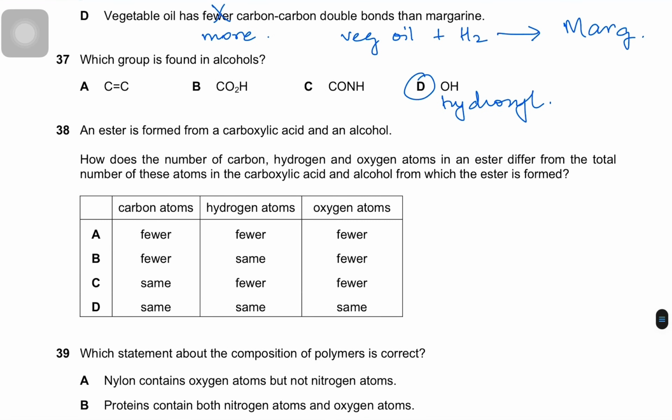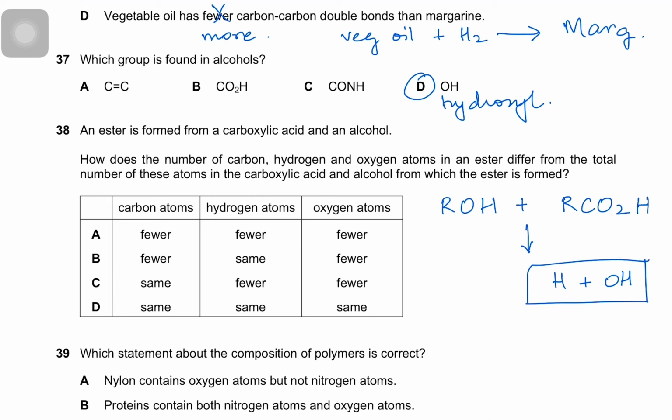An ester is formed from a carboxylic acid and an alcohol. How does the number of carbon, hydrogen and oxygen atoms in an ester differ from the total number of these atoms in the carboxylic acid and the alcohol from which the ester is formed? To make an ester from an alcohol and an acid, you remove H and OH.